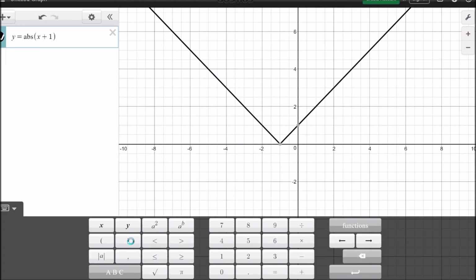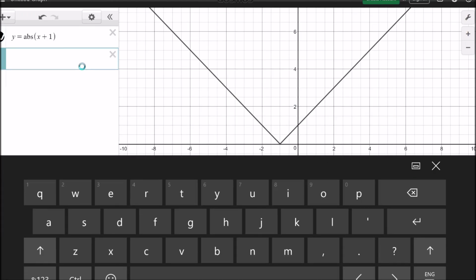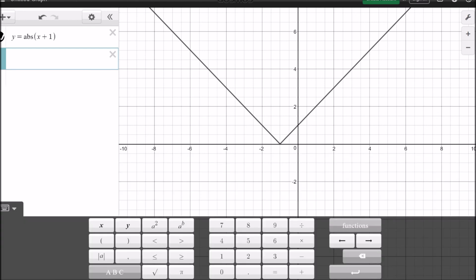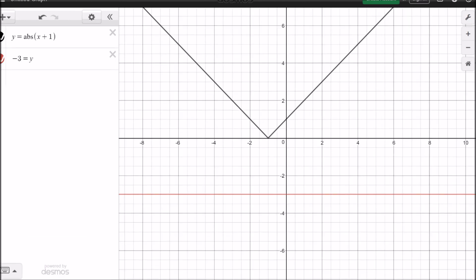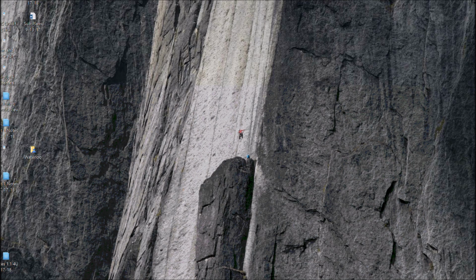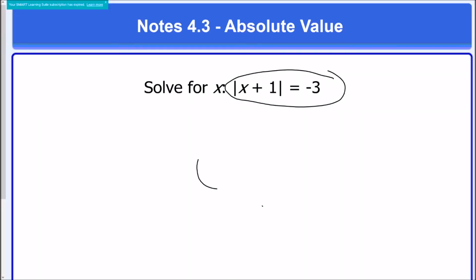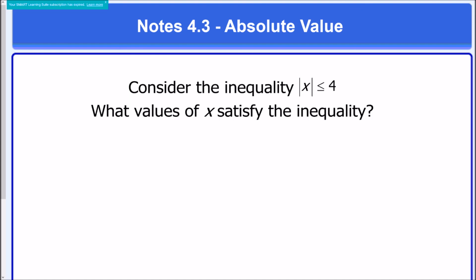Then in the next one right here, I'm going to type in negative 3. When I graph that out, so negative 3 equals y, it will never intersect because y equals negative 3 will always be below the graph, okay? So that means that this ends up having no solution. It doesn't work, okay?